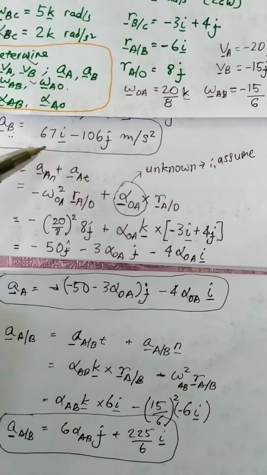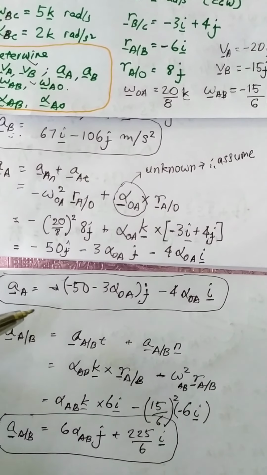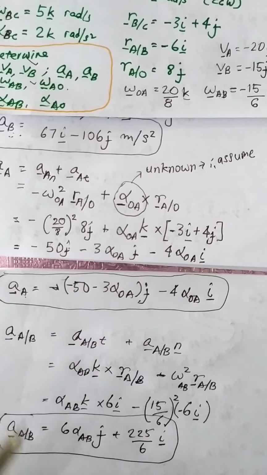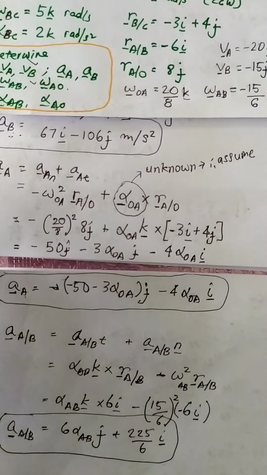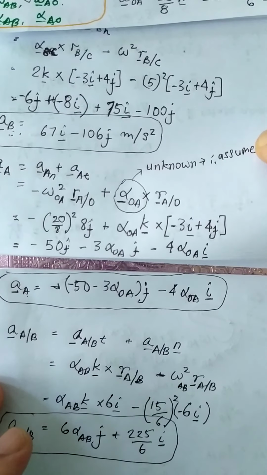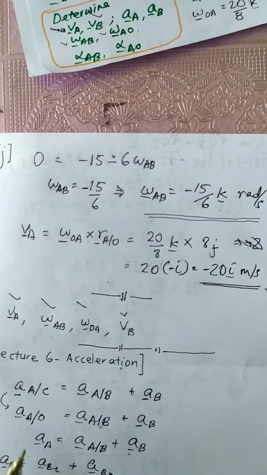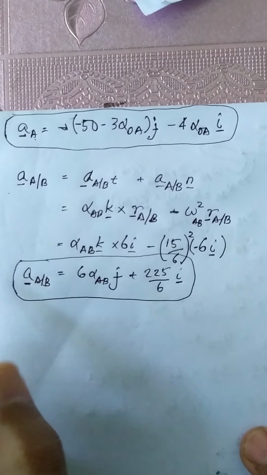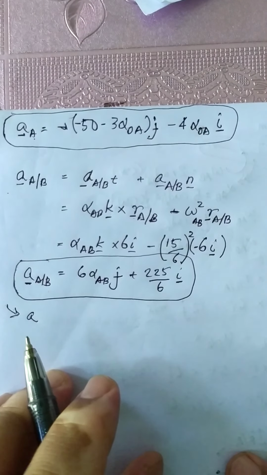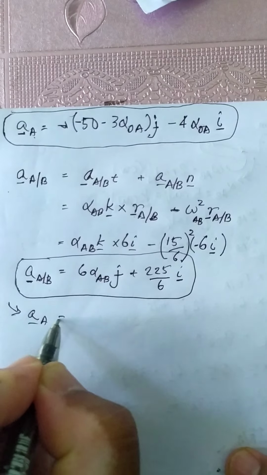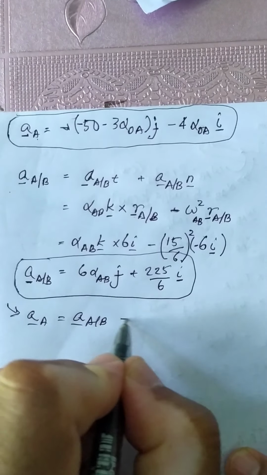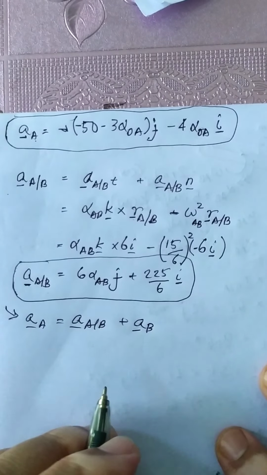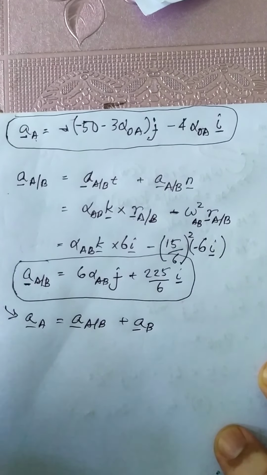So we now have all the components: acceleration B, acceleration A, acceleration A relative to B. Now we can write the big equation, which is acceleration of A. That was the equation that we started to write before, that A equals acceleration of A relative to B plus acceleration of B. So we rewrite that again and start to plug in the values.